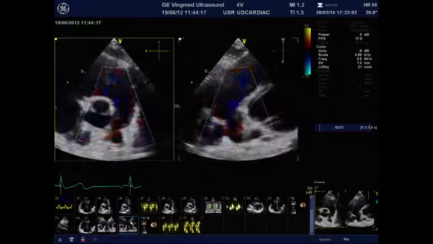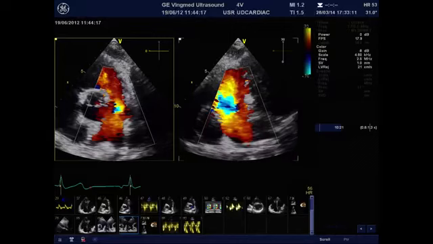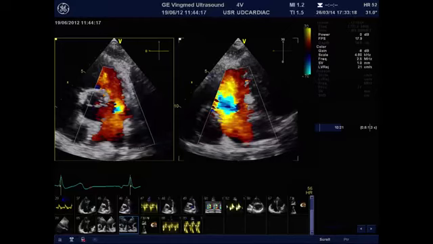And this view here confirms that the regurgitation is severe, and if we stop the color Doppler in diastole, you will see that the regurgitant flow fills the entire pulmonary artery and the right ventricular outflow tract. So this is a clear sign of severity.